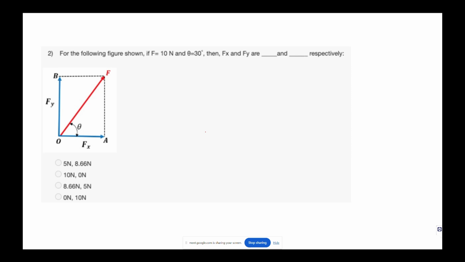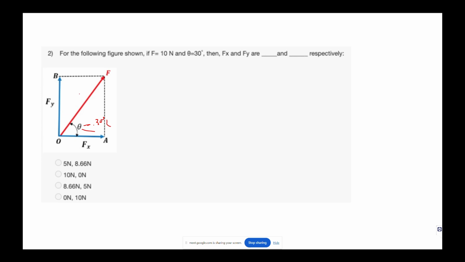Now, for this, theta is supposed to be 30 degrees. So we saw that Fx is F cos theta.